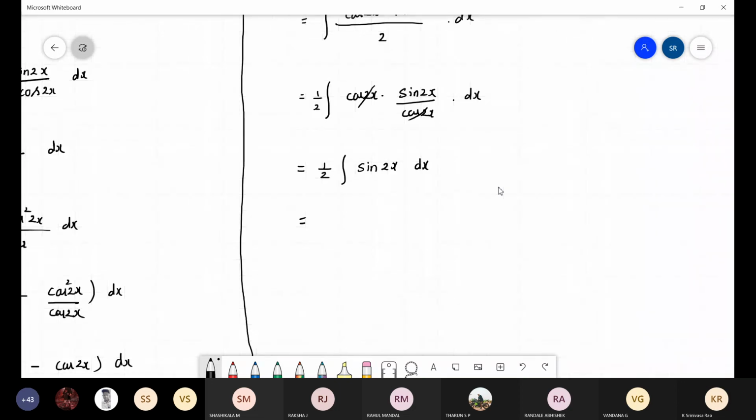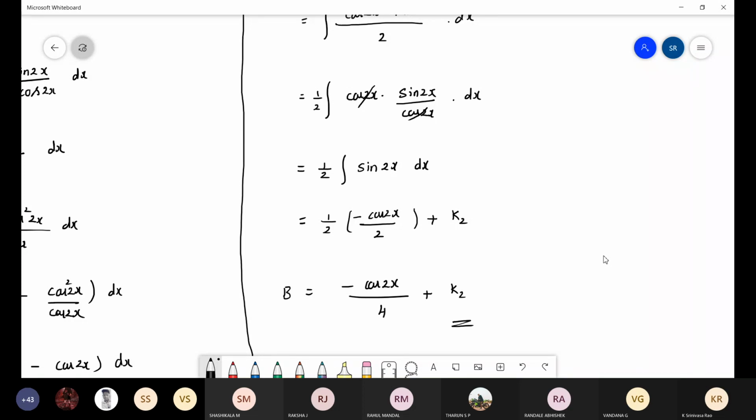So that becomes, yes, what is the integration? Minus cos 2x by 2. The integration of sin 2x is minus cos 2x divided by 2 plus k2, or b equals minus cos 2x divided by 4 plus k2.